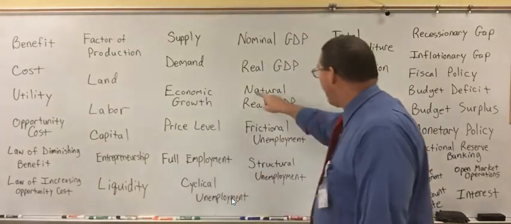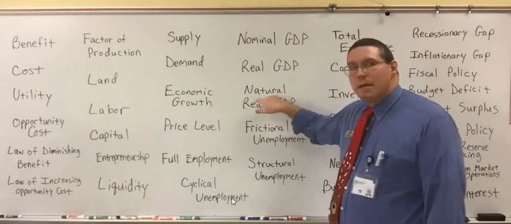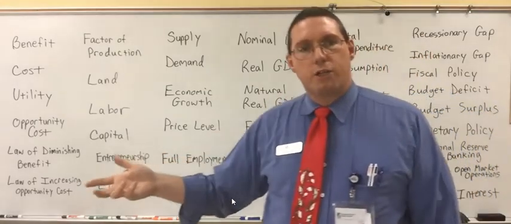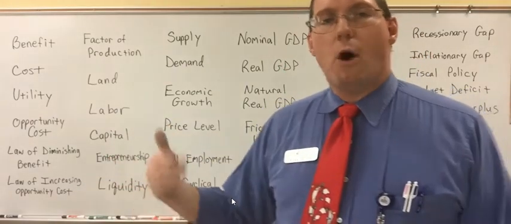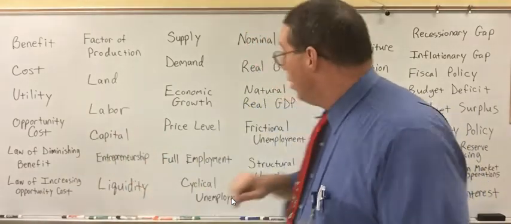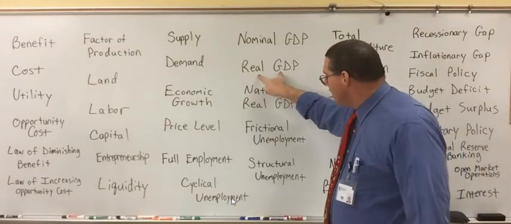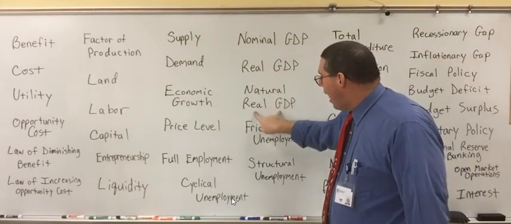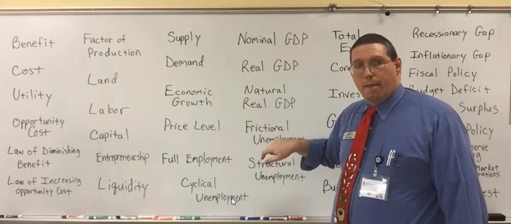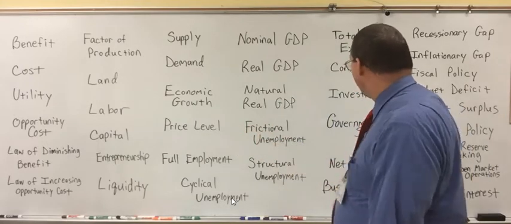That is called natural real GDP, and natural real GDP is the ideal level of production. Natural real GDP only goes up if we get more resources. Now, our actual production is not always equal to our possible production. And that's where recessions come in and where inflationary gaps come in.